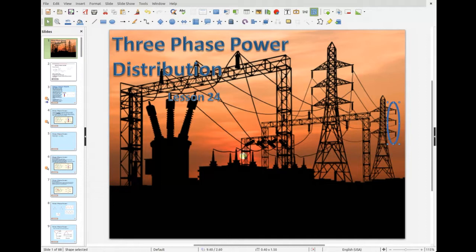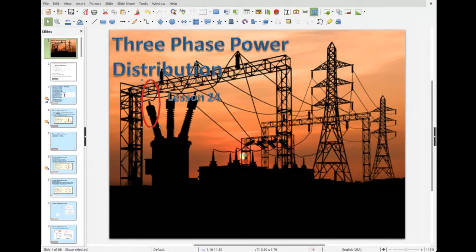You always see these towers laid out in a manner like this, where they're in sets of three. They're wired up here in sets of three because these are three-phase systems.